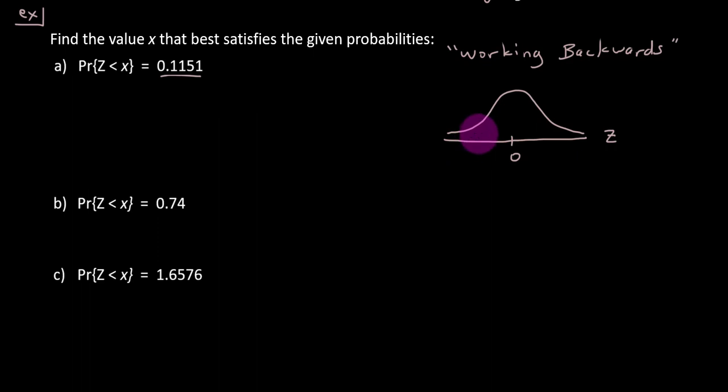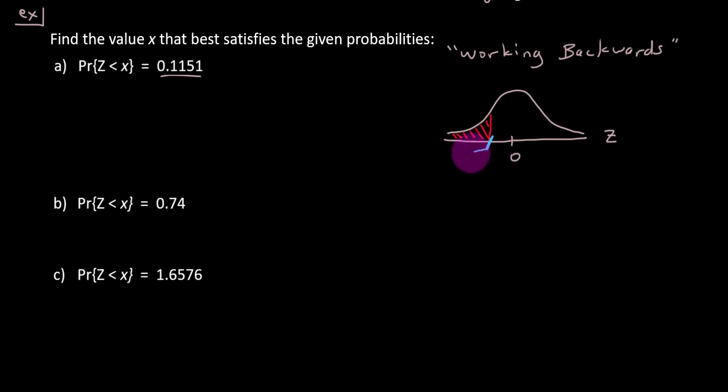So 0.11 in the left tail is going to be a pretty small region, right? 0.11, something like that. We are essentially trying to find the tick mark right here, that blue tick mark.